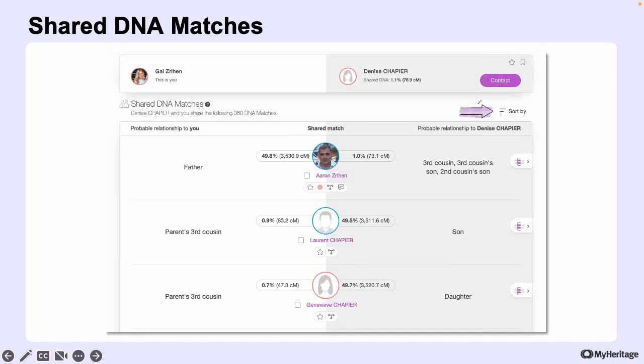But it's not that I have a clear answer or clear technique, because every case is on its own, but cases of endogamy or pedigree collapse are always tricky. So try to test more relatives and add them to the equation of shared matches and autocluster. Try to look at the triangulated segments between Denise, my dad, and myself, and see which segments we don't triangulate, and try to link them to the other side of the family.